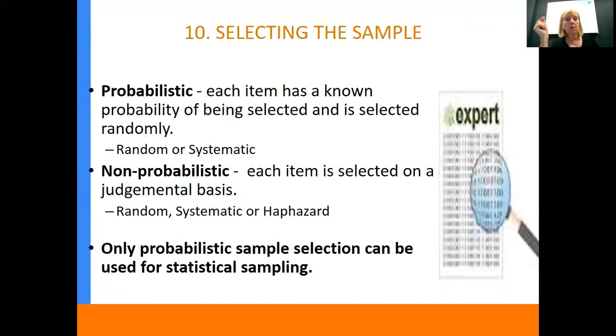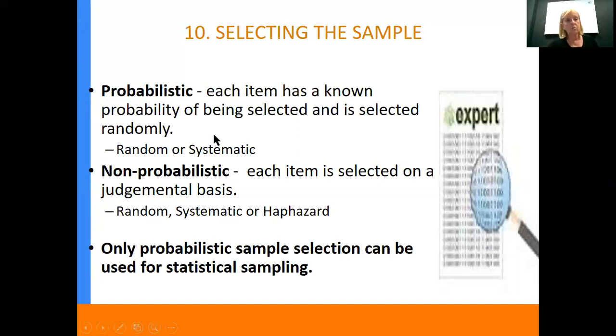There are 2 types of sample selection: probabilistic and non-probabilistic. Probabilistic sampling requires you to select the sample randomly. You can use random number tables, you can use your random number generator in Excel and other audit programs, or you can use what we call systematic sampling.